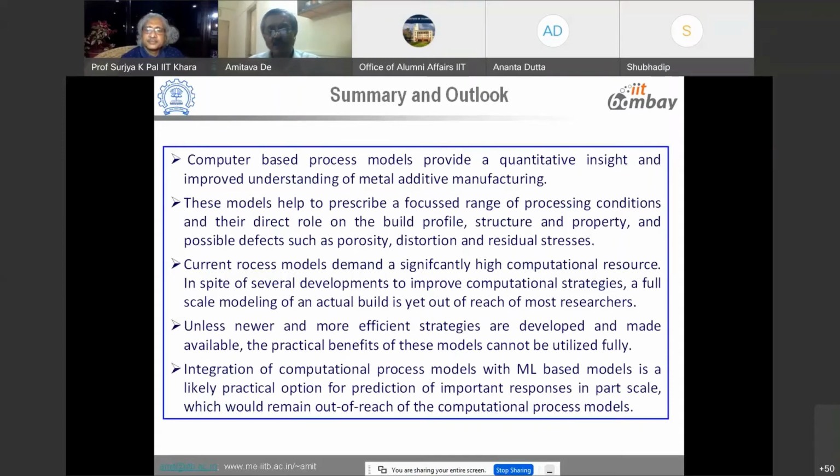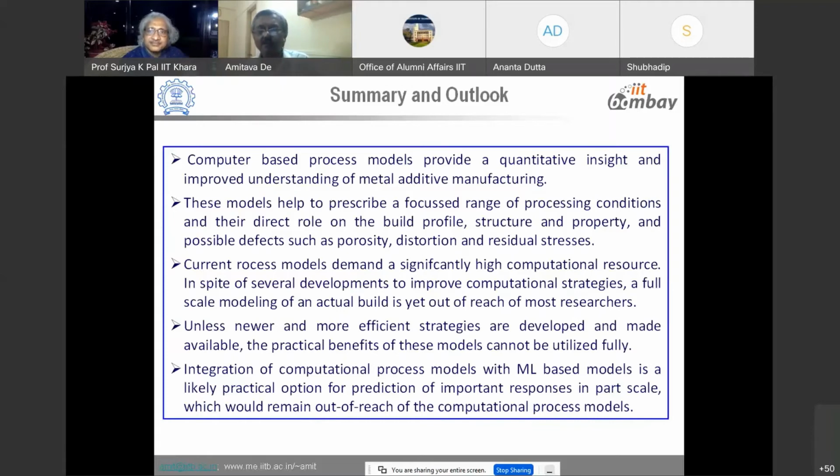Because of this computational demand and the difficulty in creating computer models for part scale, some schools are trying to integrate computer-based process models with machine learning-based models, where the computer-based models become a feeder and the machine learning-based model becomes a predictor for part scale.